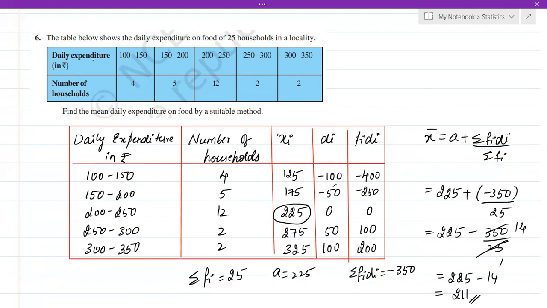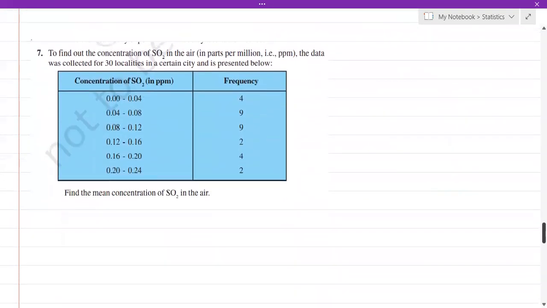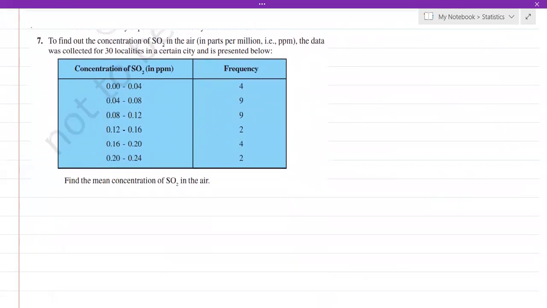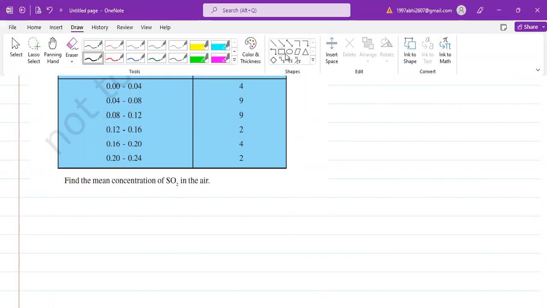So let's get into the next question. In the next question, however, the table is given vertically, so let me continue here itself.